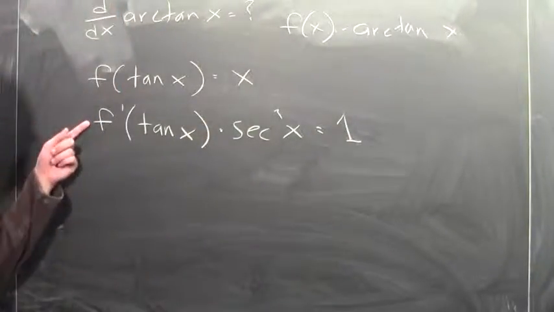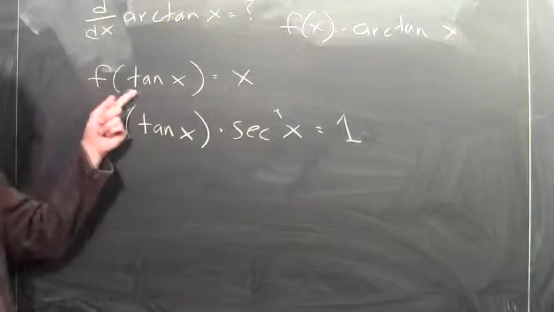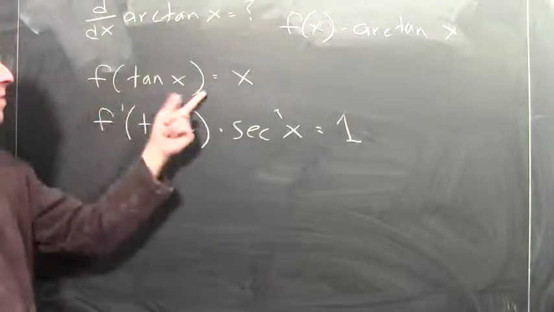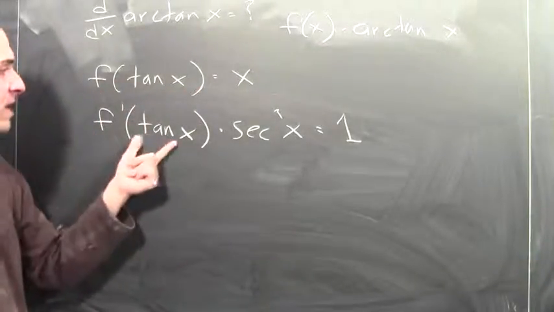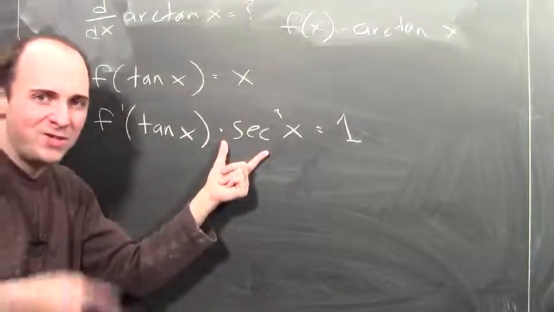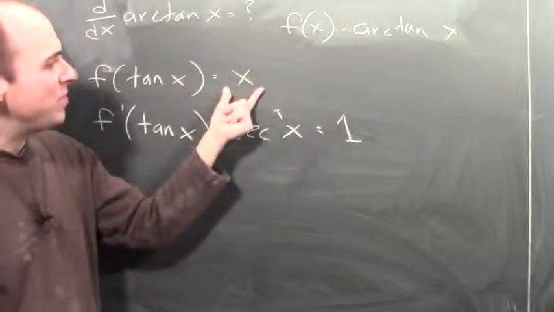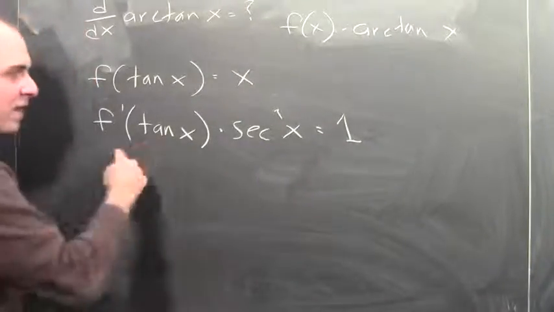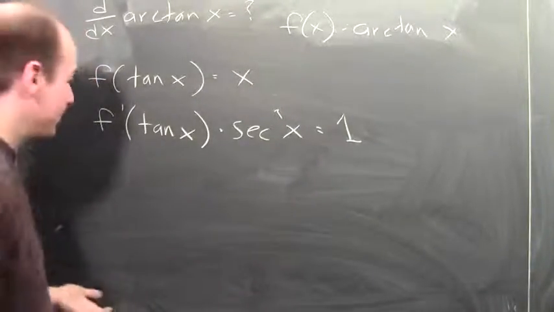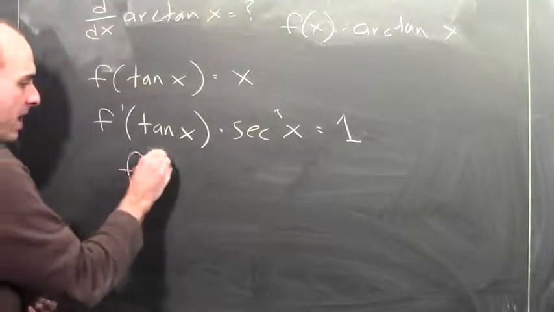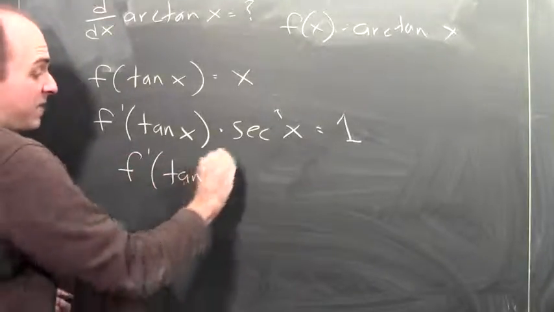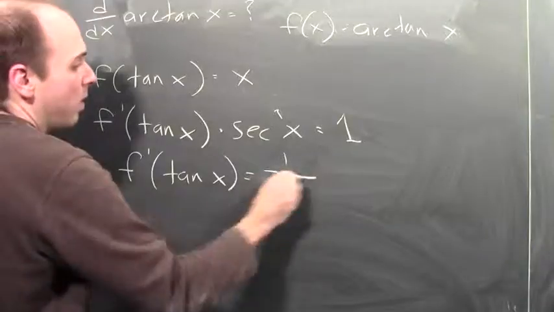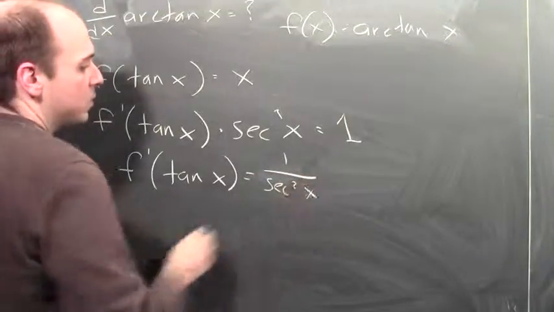So I differentiated both sides of this equation, f tangent x equals x. The derivative of f tangent x is f prime tangent x times the derivative of tangent, which is secant squared. And the derivative of x with respect to x is just 1. Now I'll divide both sides by secant squared x, and I find out that f prime of tangent x is 1 over secant squared x.